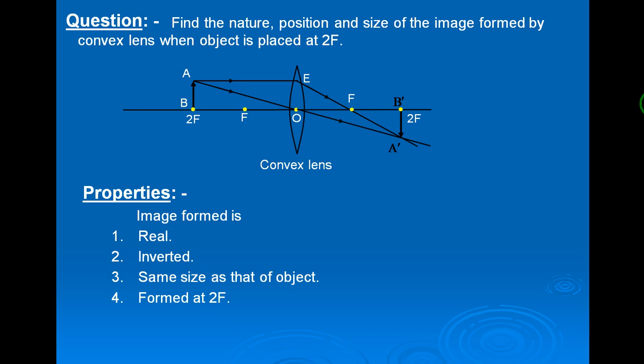Number 4, formed at 2F, that is, the distance of the object from the lens is equal to the distance of the image from the lens. So these are the properties of the image formed by a convex lens when the object is placed at point 2F.